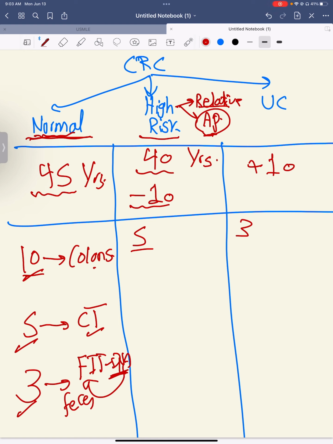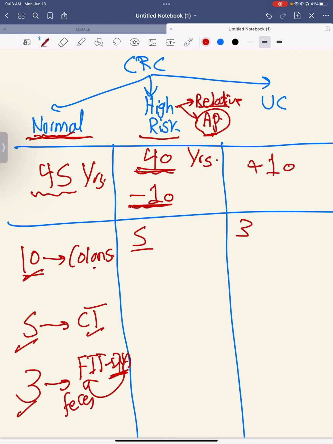We have two options: either start the screening at 40, or subtract 10 years from 55, which is 45. So we have two options: start at 40 or at 45. We choose 40 because it comes first. This is the meaning of whichever comes first.